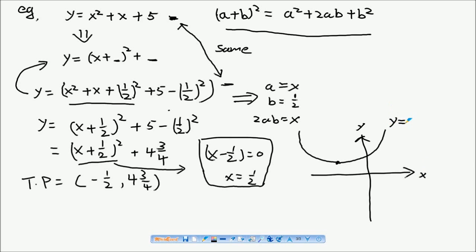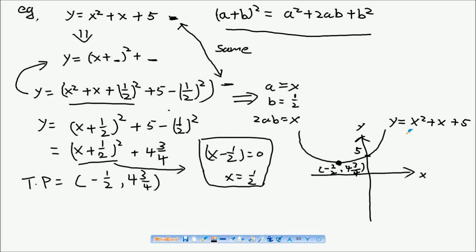Your y equals x squared plus x plus 5. This point is 5. When x is 0, y is 5. And your turning point is minus half, comma 4 and 3/4 there.